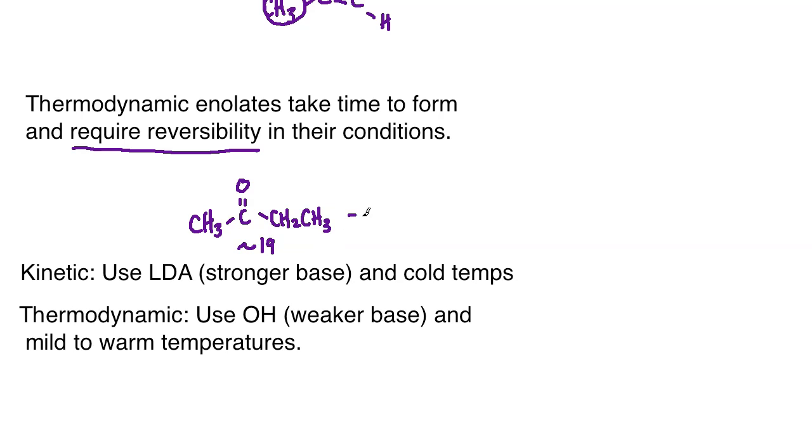Okay, and then as you go forward and you use LDA, the LDA will come and pick up the hydrogen from the kinetic area, and you will end up with your enolate. And along with that enolate, you're going to get the conjugate acid for the LDA. And the conjugate acid for the LDA, or the LDA that's protonated, is going to have a pKa of 36.